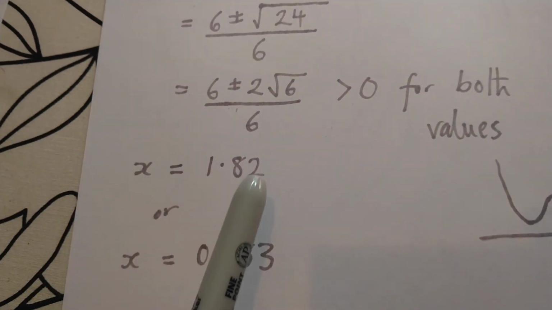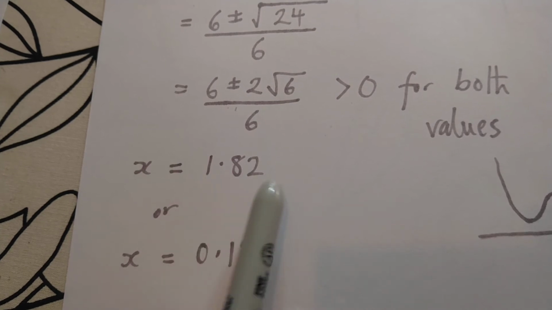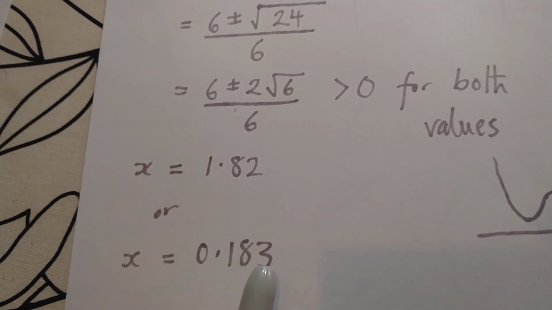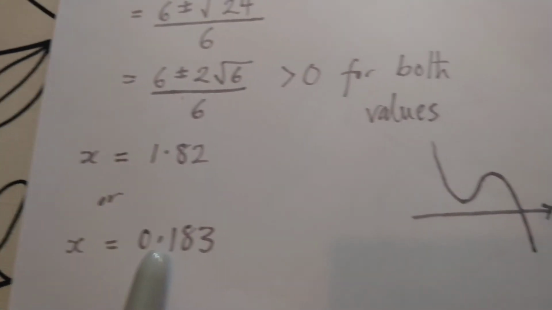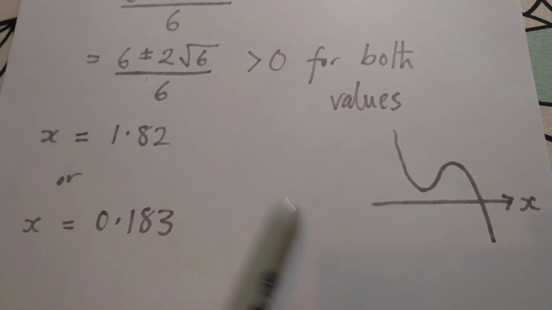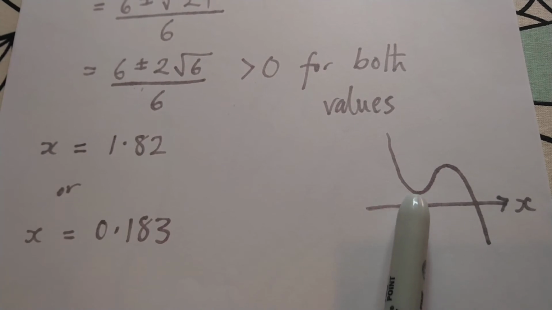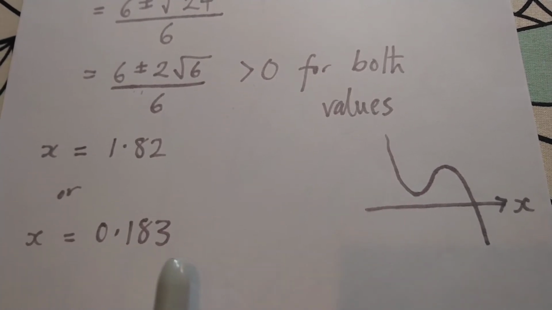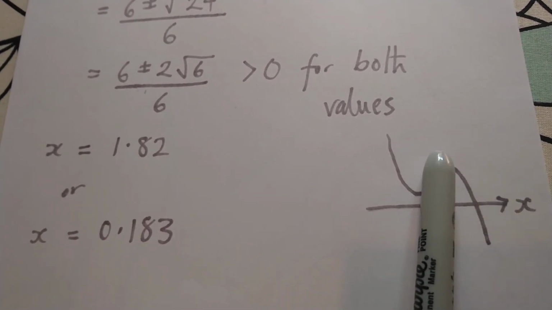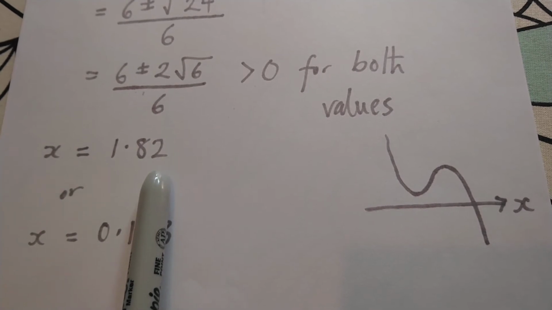And we find that x is equal to either 1.82 or x is equal to 0.183. Okay, so that means that we know the y-axis is going to be left of both the minimum, which occurs here, and the maximum, which occurs here.